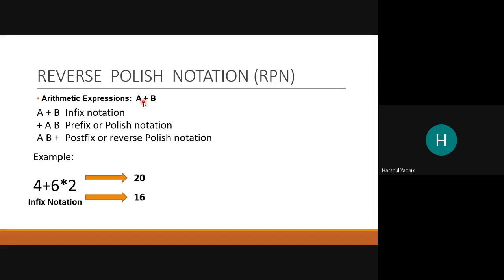Rather, if we write the same thing, the task is the same, but if we write it in the form plus AB, then it is called prefix notation or Polish notation.